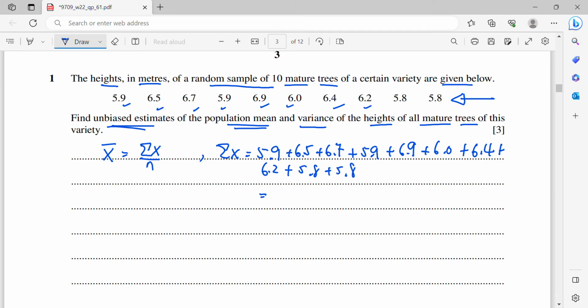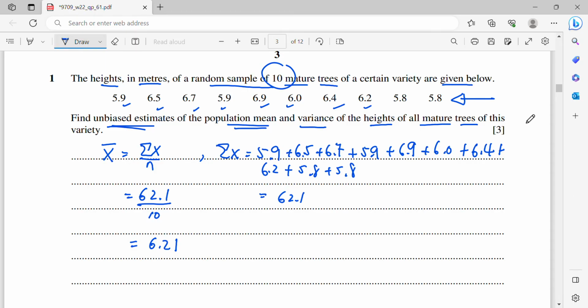So from here you will get 62.1. It is the same as 62.1 over n, and n will be 10 because it's given 10 over here. So the unbiased estimate of the population mean is 6.21.